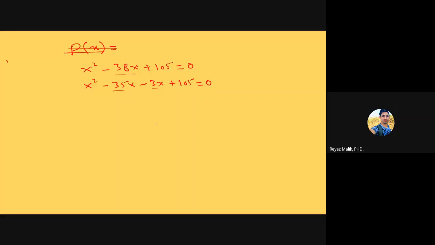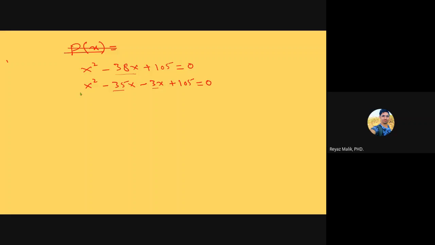Here both are minus: minus 35 minus 3 means 35 plus 3 is 38 only, no need to change it. So we have to give the second sign also minus, then only we can add it, and it will become exactly the same.